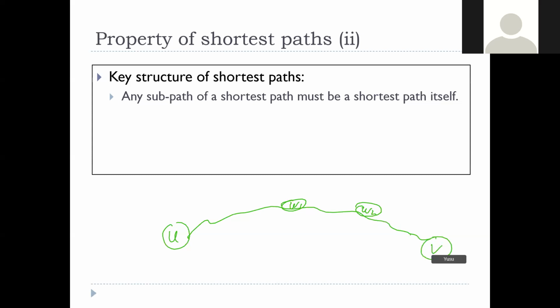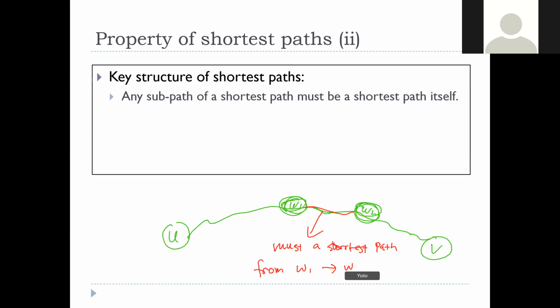Let's say I tell you that the green path is the shortest path. If the green path is a shortest path, then this path going from W1 to W2 must also be a shortest path from W1 to W2. Okay, it has to also be a shortest path between the two endpoints.